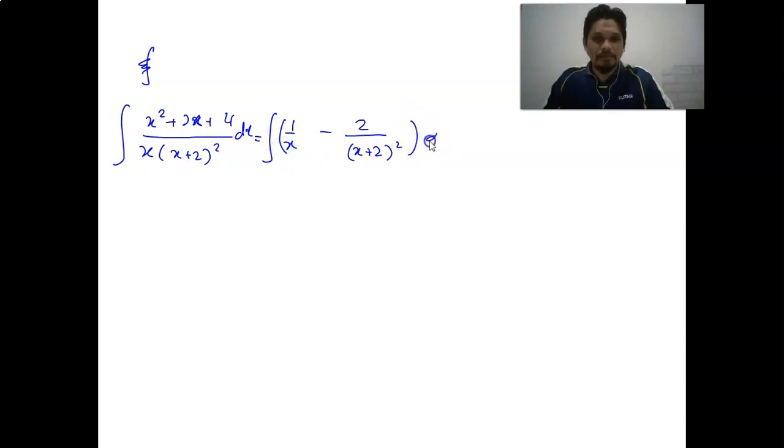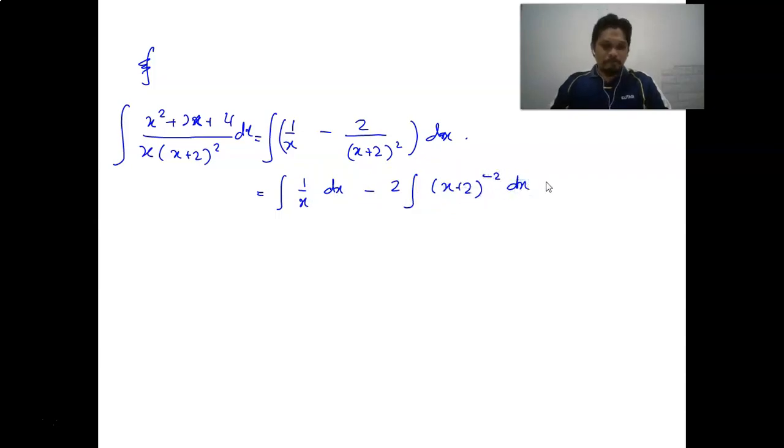Integrate this dx. So the integral of 1 over x dx minus 2 times the integral of (x + 2)^(-2) dx. The integral of 1 over x is natural log of x. The integral of this: (x + 2) to the power of negative 2 plus 1, negative 1, divided by negative 1.